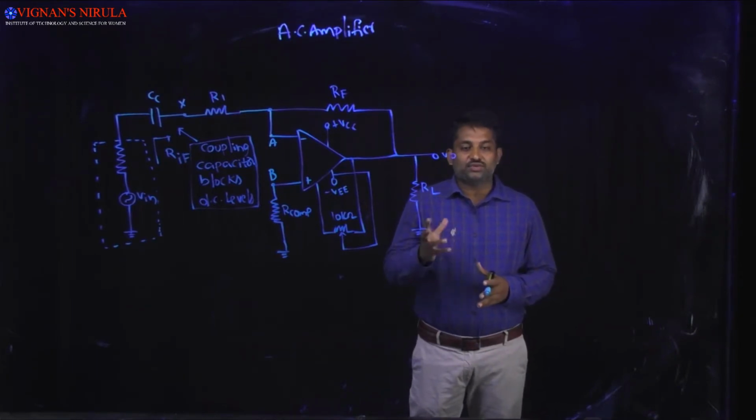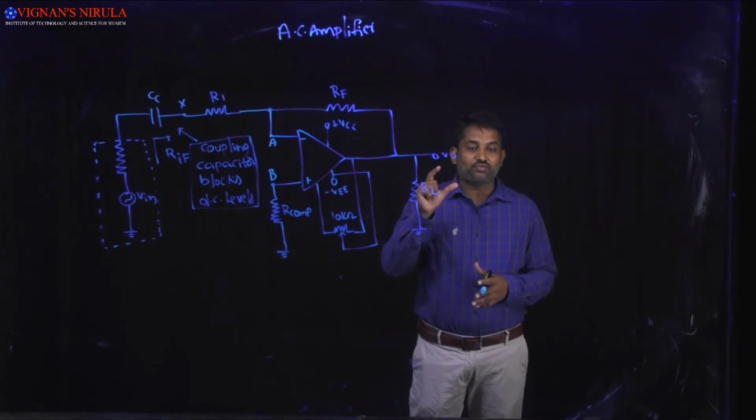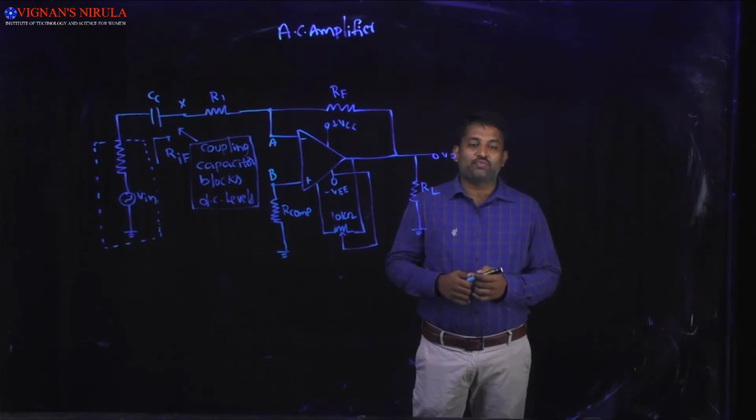That's why we call the op-amp a versatile device. If the op-amp responds to AC signals, we call it an AC amplifier. For these AC amplifiers, we have to take care of the low and high frequency limits. A very important thing in the AC amplifier.